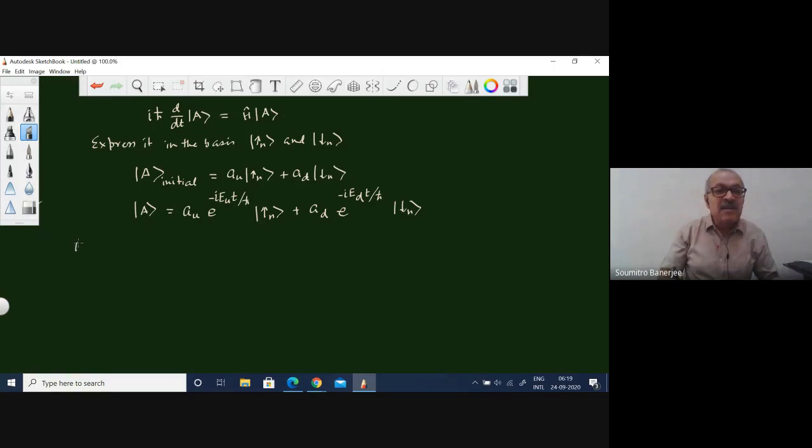So it is i h cross d/dt of A. A is this. If I take this, i h cross comes to the front and this has to be differentiated, so it will be A_up, and then it would be minus i E_up by h cross, the t will not be there.